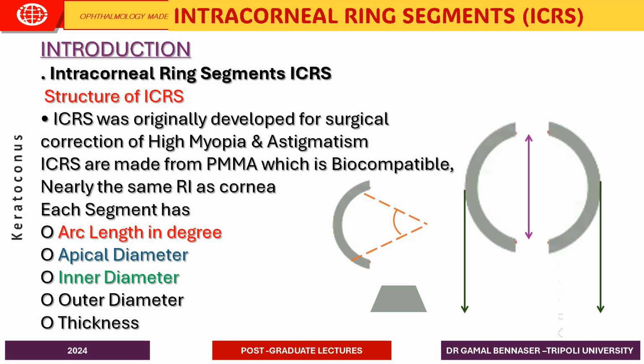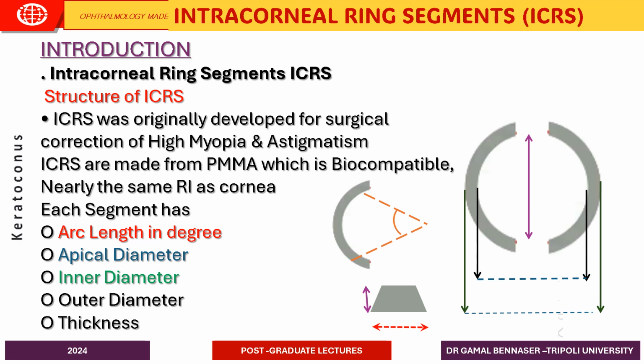Then we have the inner diameter and the outer diameter, and the difference between them gives us the base of the segment, usually 500 to 600 microns. And then we finally have the thickness of the segments. The more the thickness of the segment, the more the power and the effect. So if we have more thickness, we have more power.